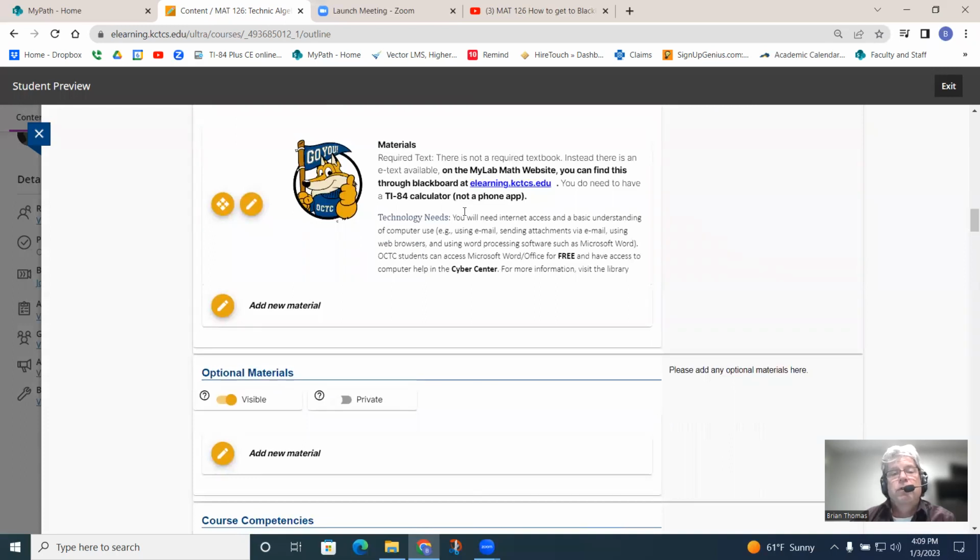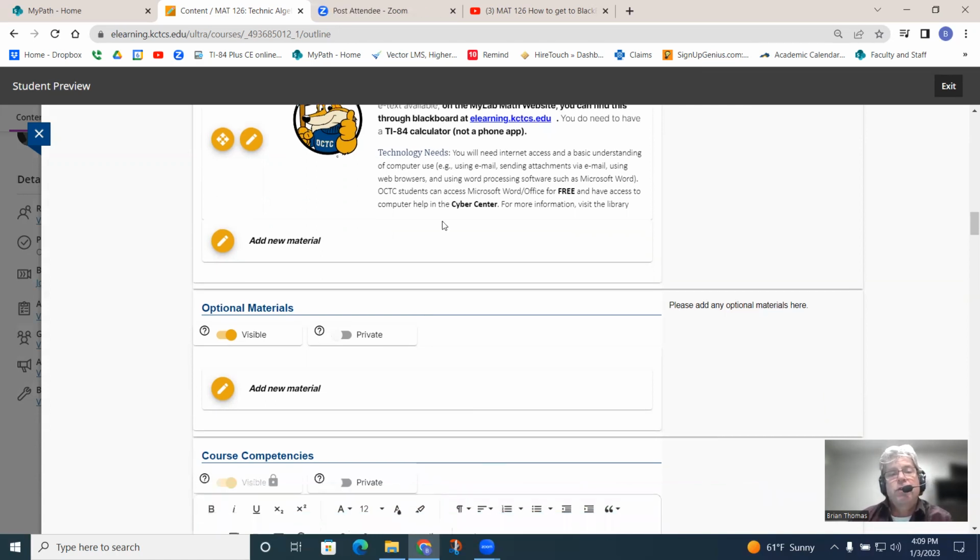As far as material goes, we're not going to use a real textbook. We're just going to use the e-textbook that's available on this Blackboard shell. You will really need a TI-84 calculator. That's what I'm going to be modeling. To make yourself stress-free with math, having this TI-84 calculator will make it a lot easier, because I will model a lot using the TI-84 calculator if you're not great with calculators.